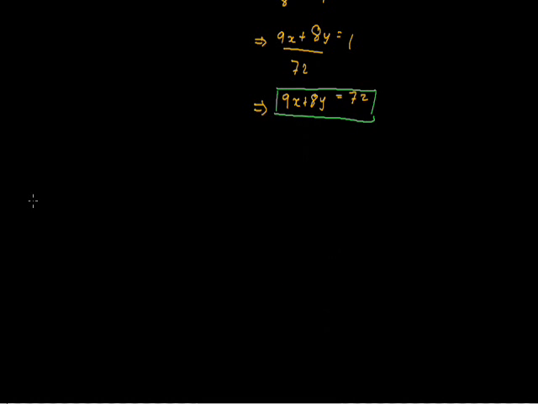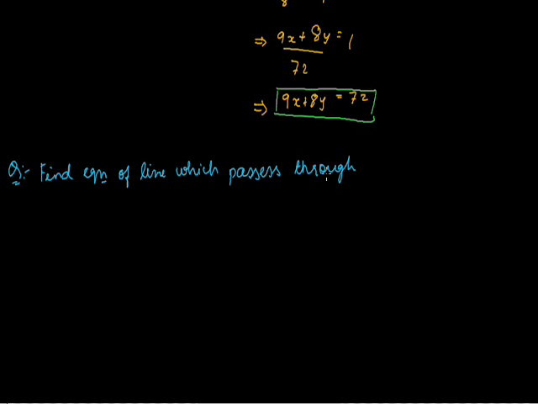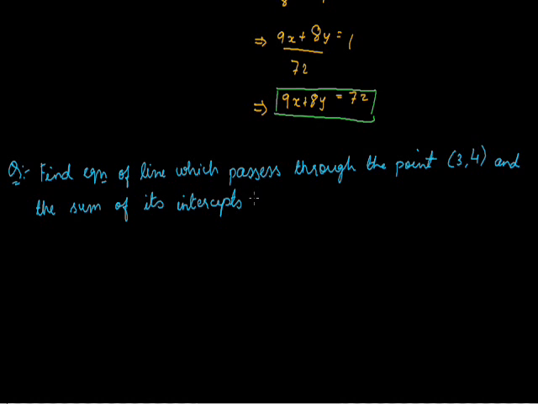Let us see one more question pertaining to the intercept form itself. Find the equation of the line which passes through the point 3, 4 and the sum of its intercepts on the axes is 14.